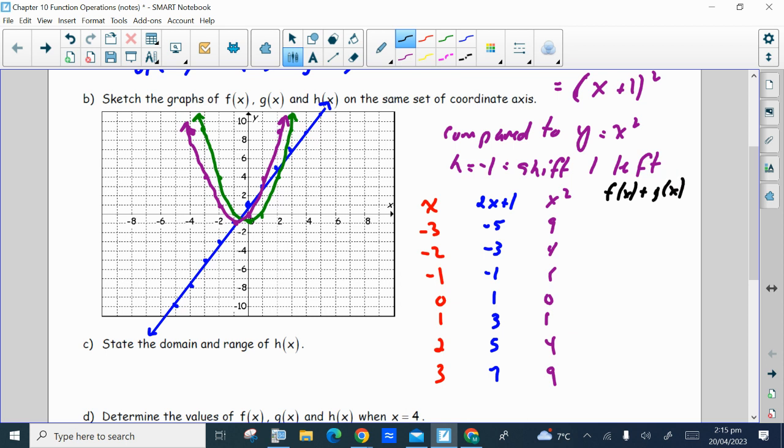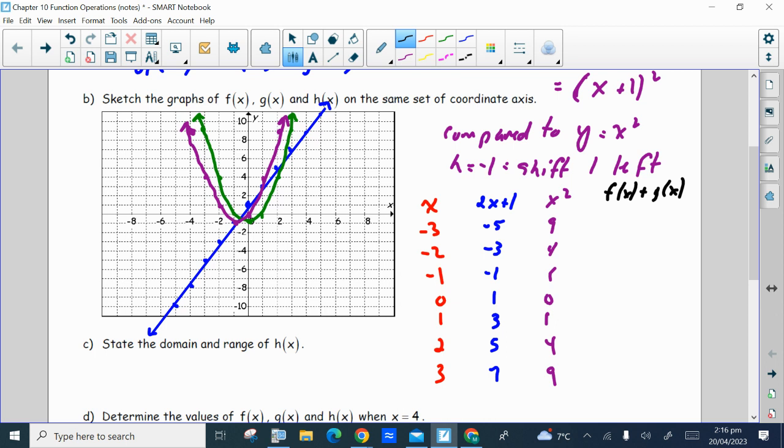But by comparing that equation for h to y equals x squared, we saw that we could take the graph of y equals x squared and just shift it one to the left, because x plus 1 all squared compared to y equals x squared has an h value of -1. Okay?